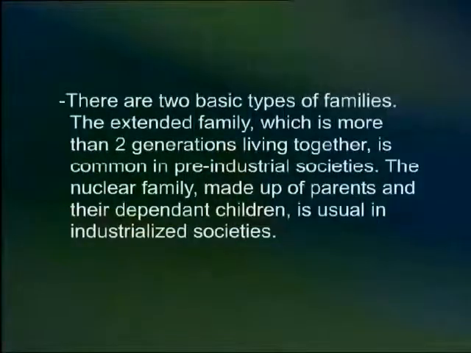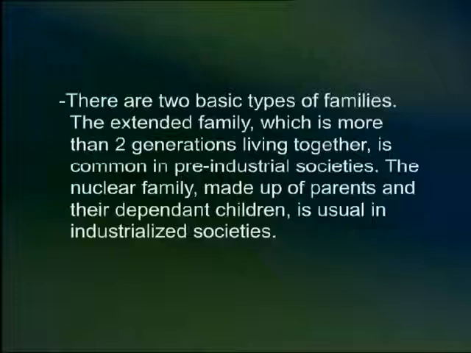Now, very simple. This is the kind of information that you get in textbooks of sociology. It's talking about 2 kinds of family systems and their composition. So you can reduce this to, let's say, 3 sentences.